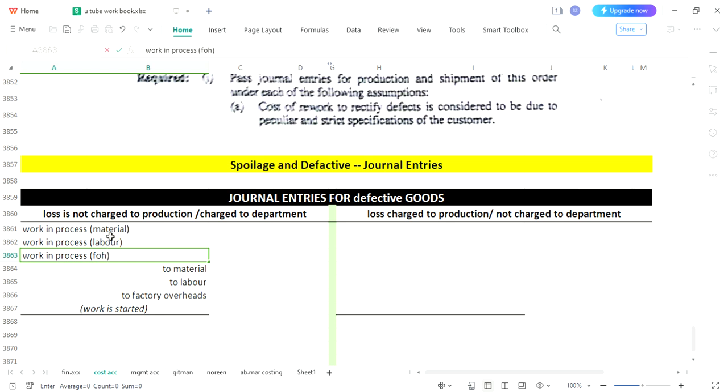So I'm sure you have understood that when you use your material, labor, FH, your work would be started. It's very simple to understand this entry, though we have already taken the introduction.